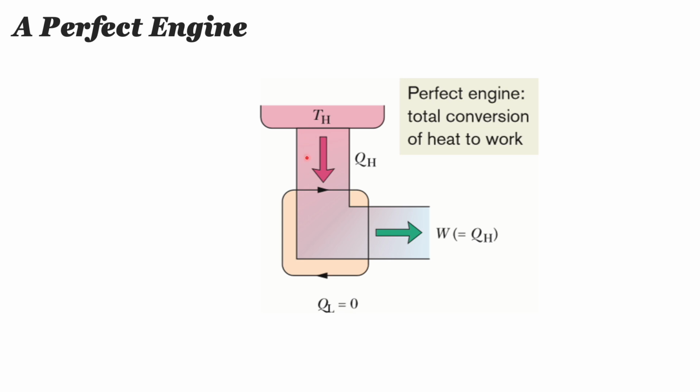In fact, it converts all the energy which was absorbed from the high temperature reservoir into work. So all of the energy which was absorbed has been used to perform useful work, and no part of that energy is released or wasted to the low temperature reservoir.